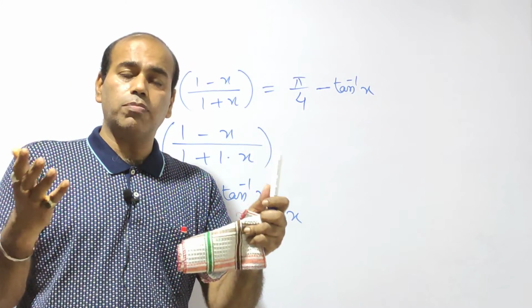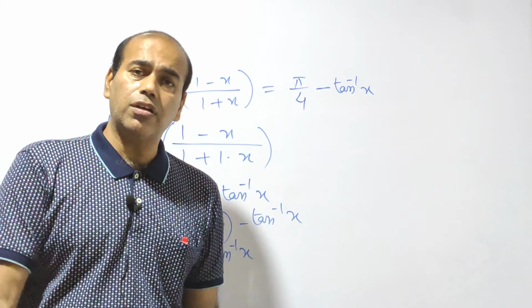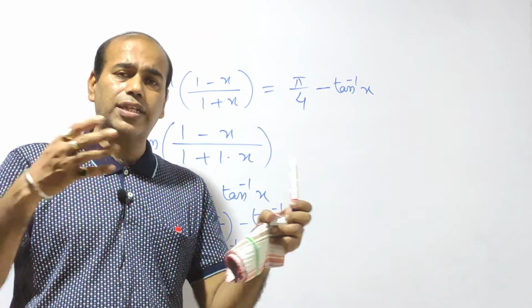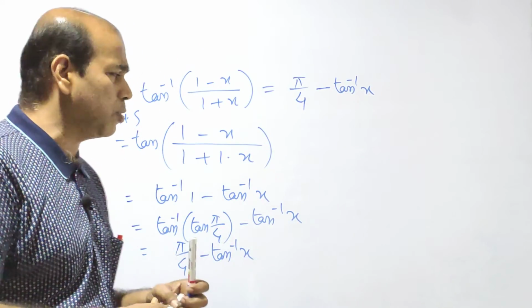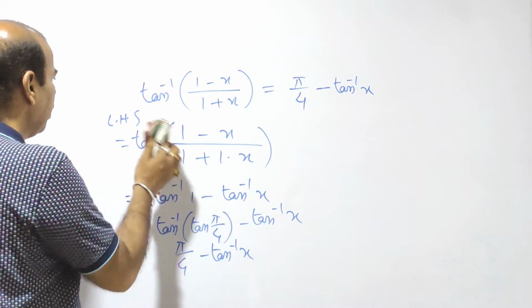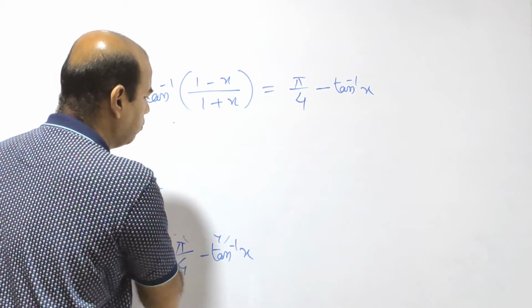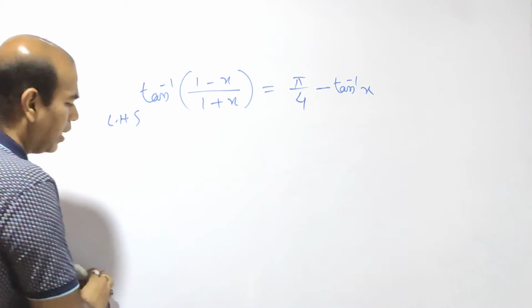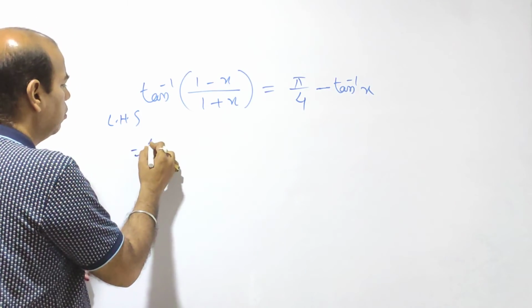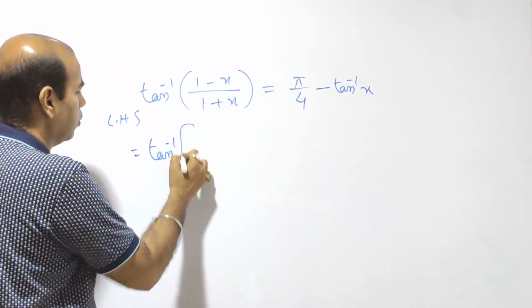Now students, I can solve this one by substituting the value of 1 also and using the tan a minus b formula. That is also possible, so let me do that method also. For that method, I will write tan inverse.